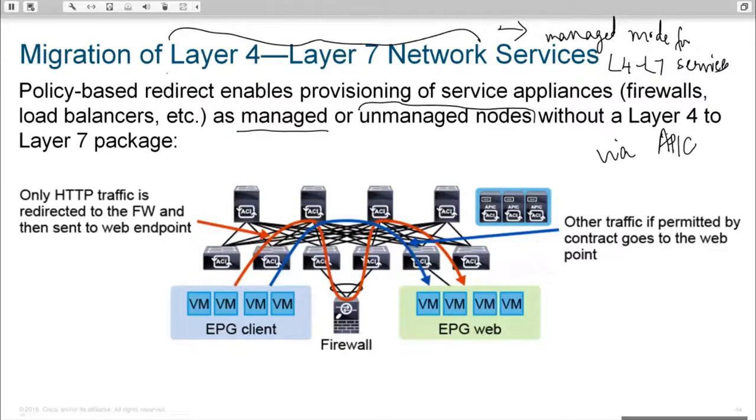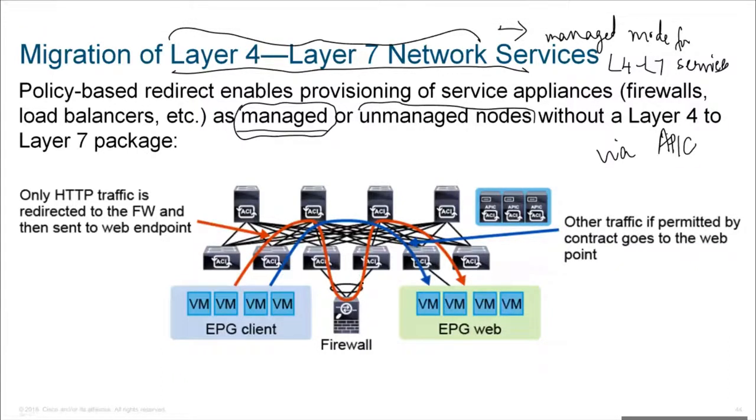But when they say migration, they're actually implying it would be nice to do this. So you can manage or configure your layer 4 to layer 7 devices through the APIC. You can also do this policy-based redirection. Notice what they're saying. Some traffic goes directly, the blue goes directly between the EPGs, because that's how the contract is configured.